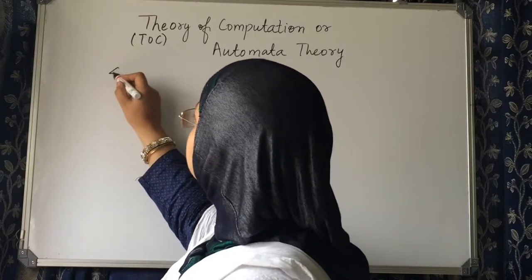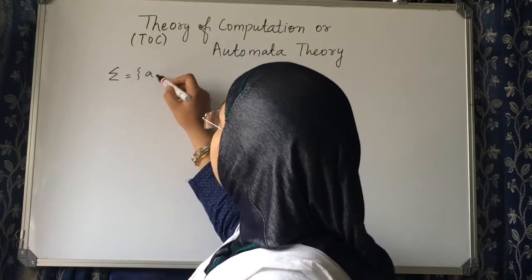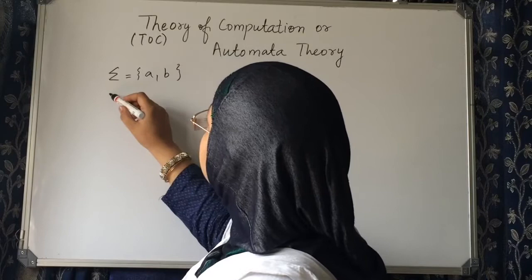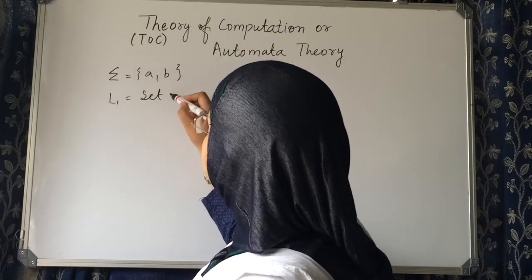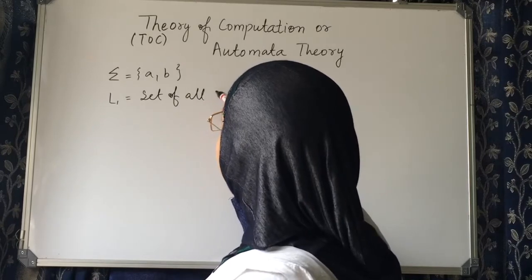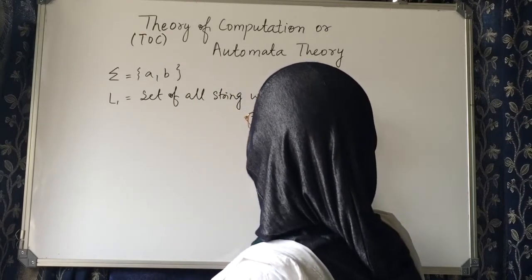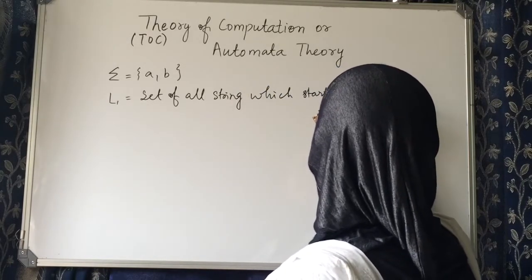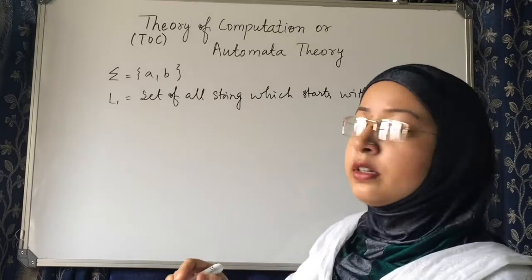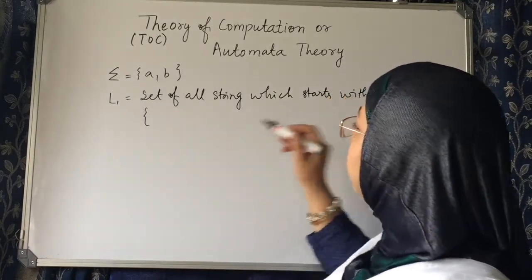So suppose sigma is given. Sigma is the alphabet {A, B}, and the language is the set of all strings which starts with A. So what are the strings which can start with A?